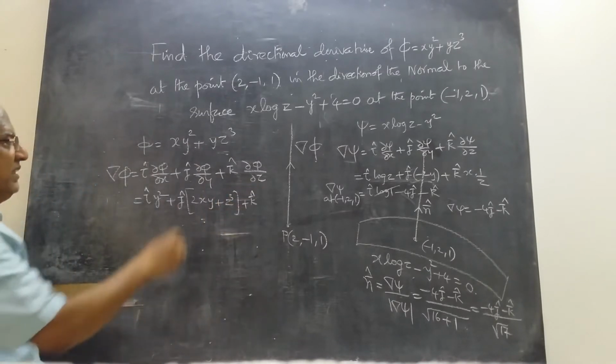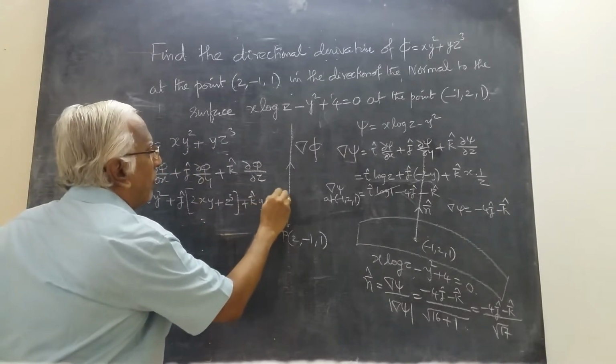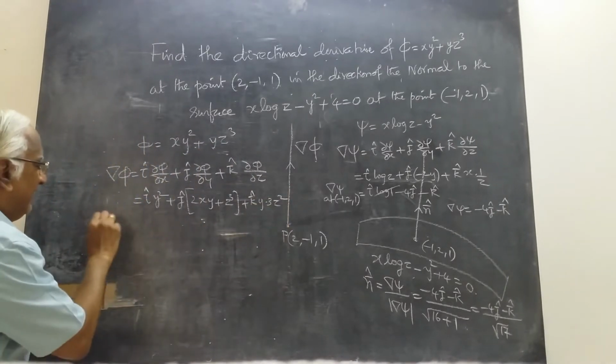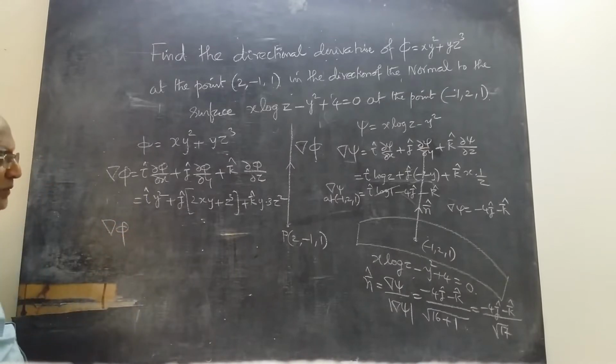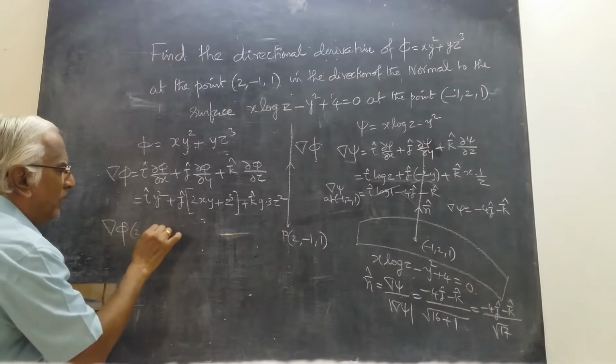With respect to z it is y into 3z square. Now find del phi at the point (2, -1, 1).